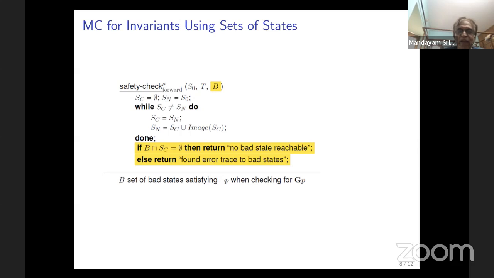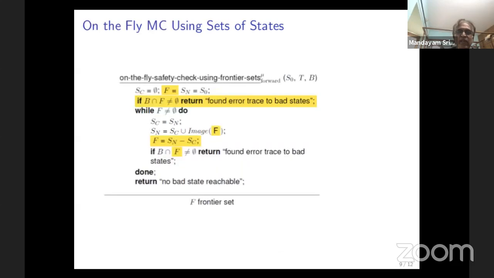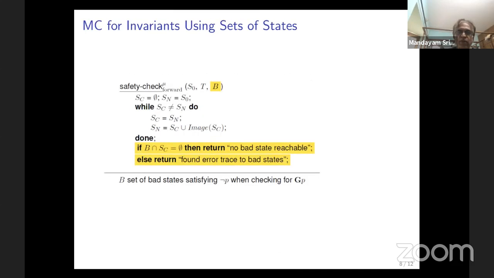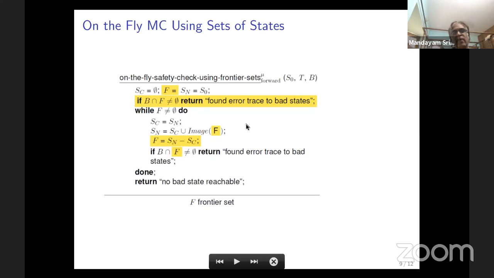If so, you can terminate before you compute all the reachable states, and that's more efficient. You can prematurely terminate, and that's what some people call on-the-fly model checking.